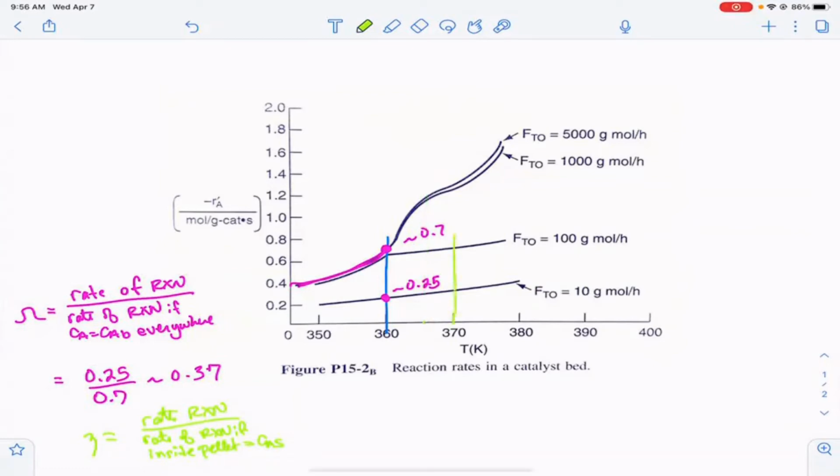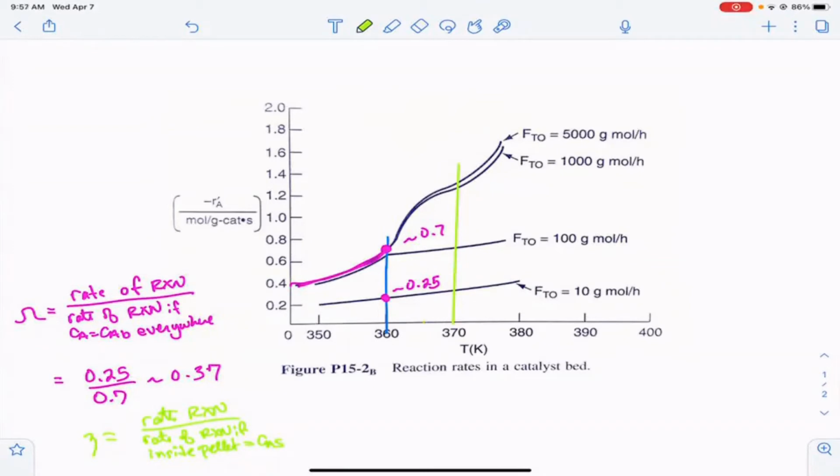So let's draw a straight-ish line to here, at 370. So now let's have a look at the internal effectiveness factor at this place, at high flow rates, let's say 1,000 gram moles per hour.